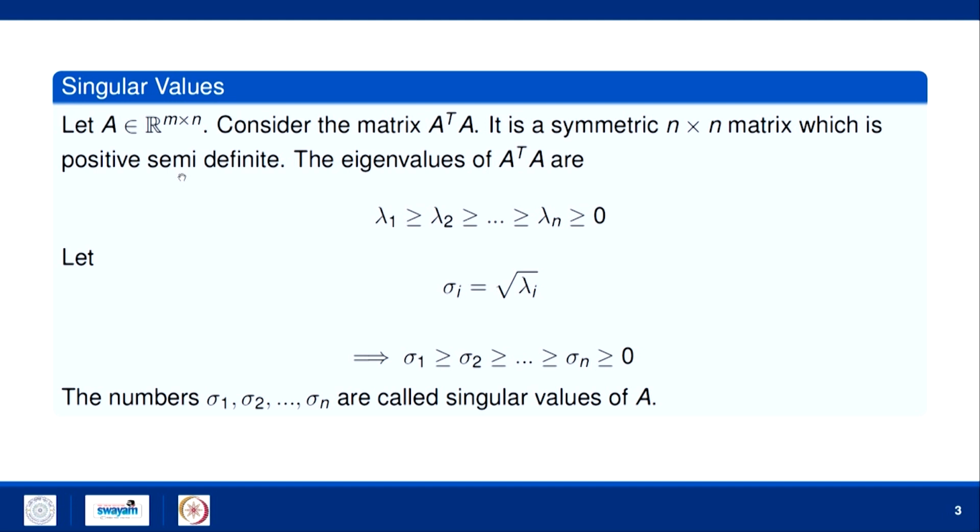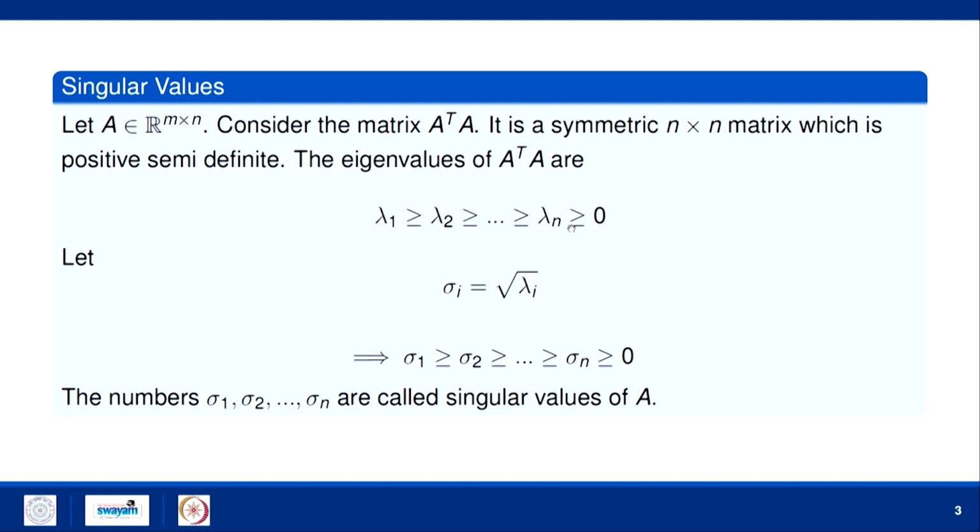That all the eigenvalues of A transpose A are non-negative, greater than or equal to 0. Now, let us suppose the eigenvalues of A transpose A are lambda 1, which is the biggest one, lambda 2, up to lambda n, in decreasing order, all non-negative.